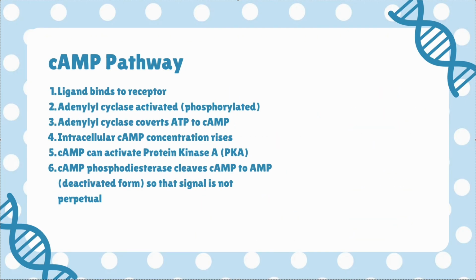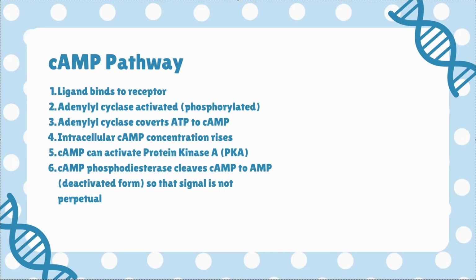Okay, so cyclic AMP pathway. So first, as always, the ligand binds the receptor, signal reception stage. And then adenylyl cyclase is activated. Oftentimes it's phosphorylated. So adenylyl cyclase is embedded in the plasma membrane. And then adenylyl cyclase converts ATP to cyclic AMP.